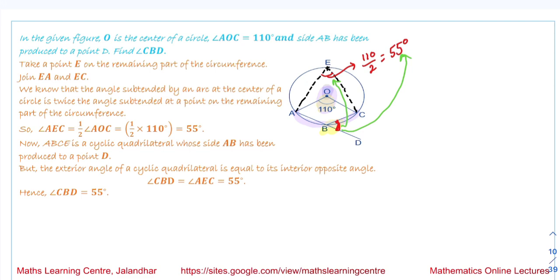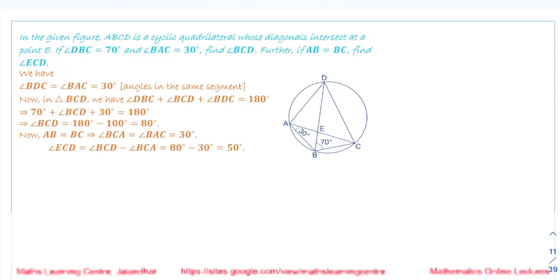Now in this question we are given a cyclic quadrilateral ABCD, and its diagonals intersect at the point E. The angle at B is given to be 70 degrees, and the angle at A is given to be 30 degrees. We have to find the angle BCD.